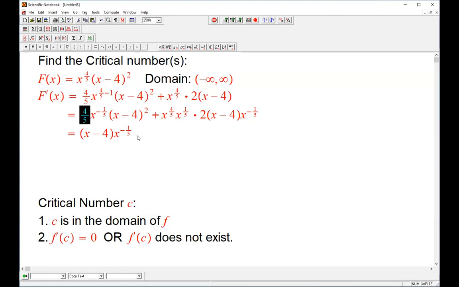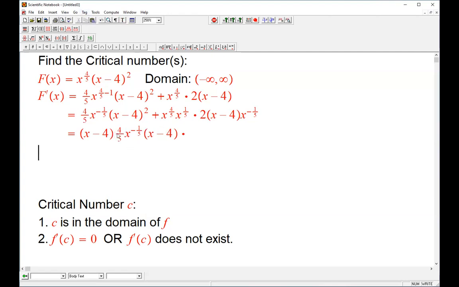And over here, there's x minus 4. Now I'm just putting things together, and then we have a 4/5. We just keep everything together. We're not factoring anything yet, okay? So 4/5 from here, x raised to the power negative 1/5, right? And x minus 4 squared, x minus 4 times x minus 4. So we're good. Nothing's changed.